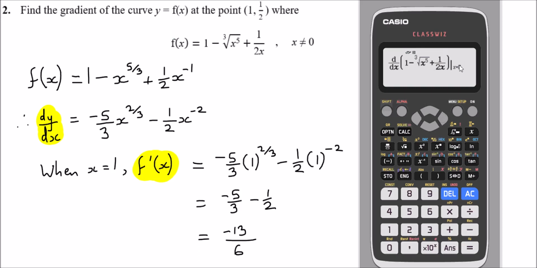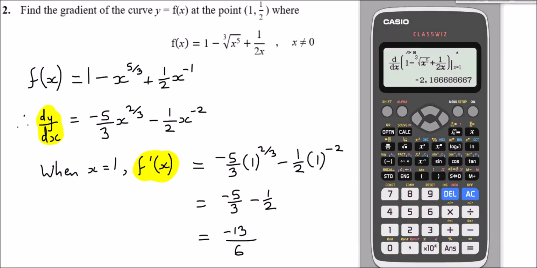And then if we toggle over here, we can input what we want x to be where we're evaluating the derivative. And so we want the derivative, d by dx, when x is equal to 1. So if we toggle along and type in x equal to 1, press equals, we can see that the derivative we receive on the calculator is minus 2.16 recurring.